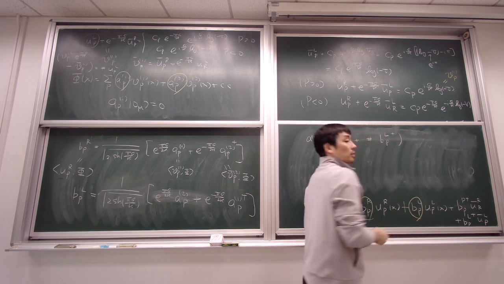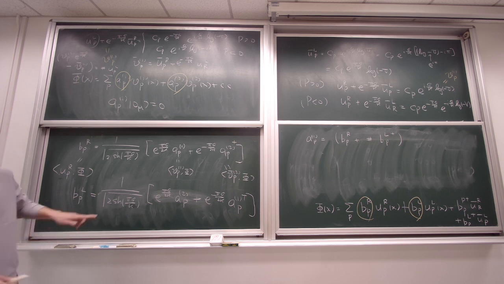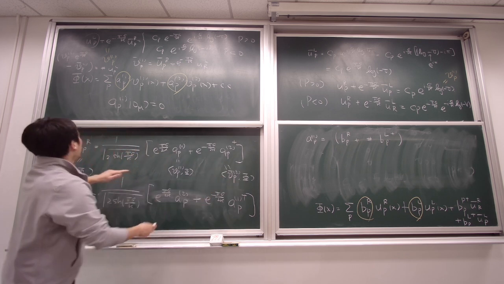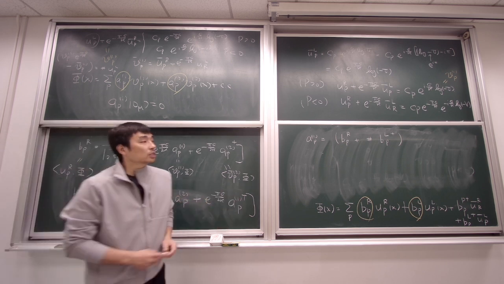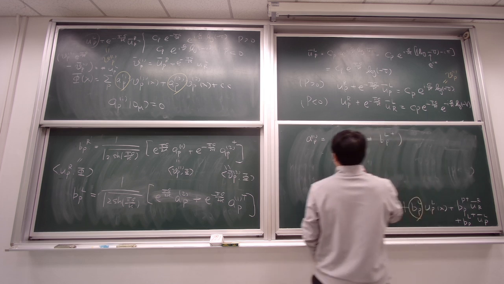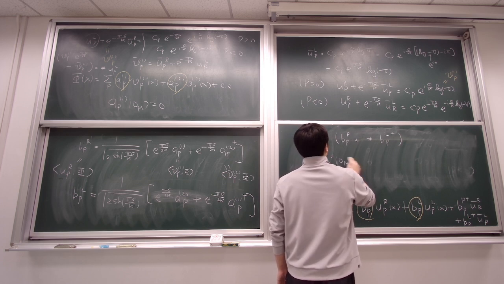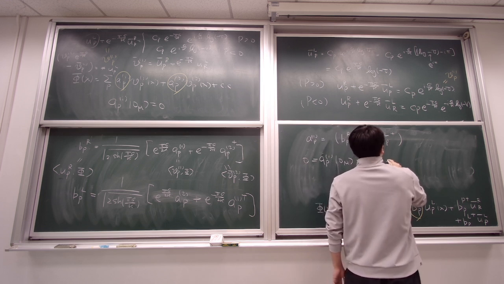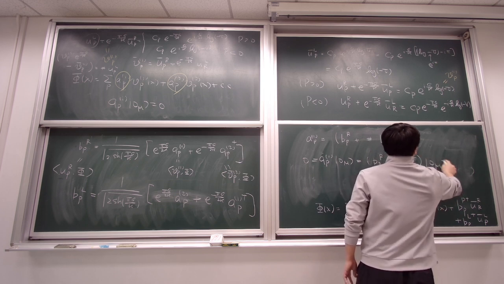I'm not going to derive this one. If you try to get the A1 out of here, you just need to take a combination of BPR and BPL dagger. If you take a dagger, this becomes like this. And we know that this one will annihilate the vacuum, so this is 0. Therefore BPR plus some number times BPL dagger annihilates the vacuum.